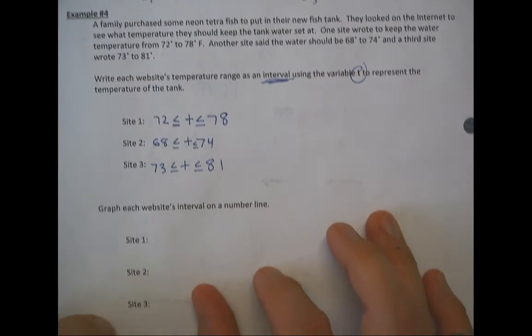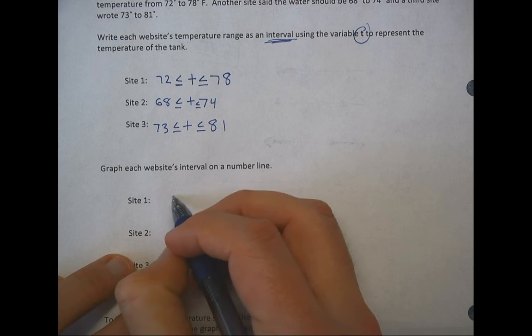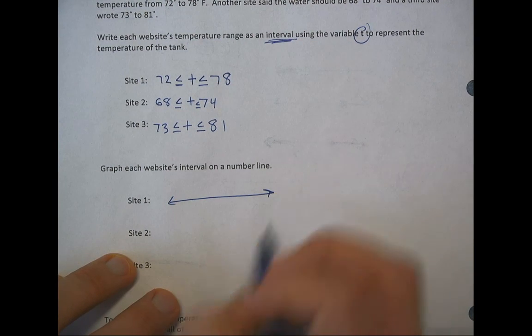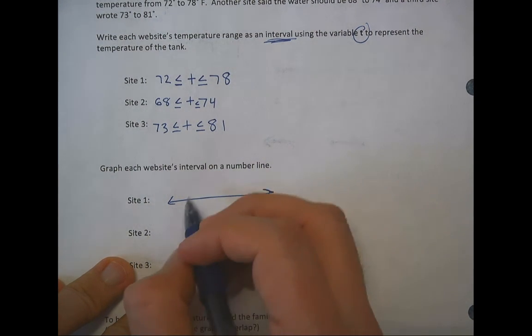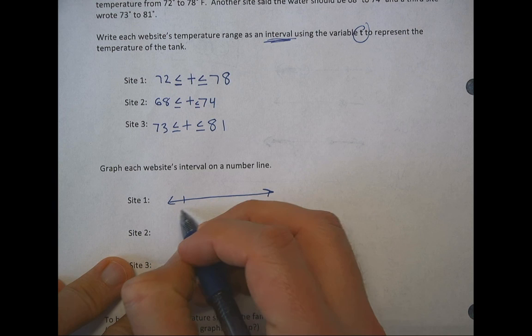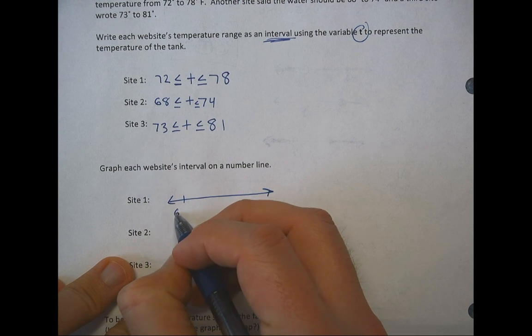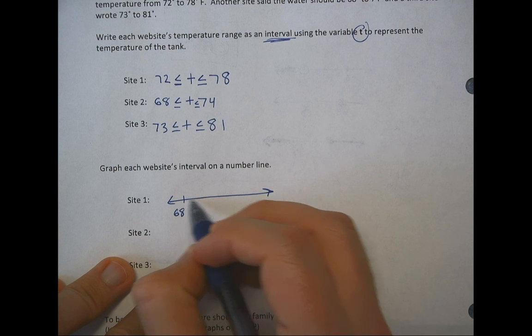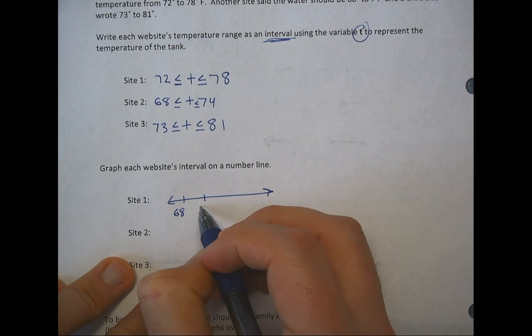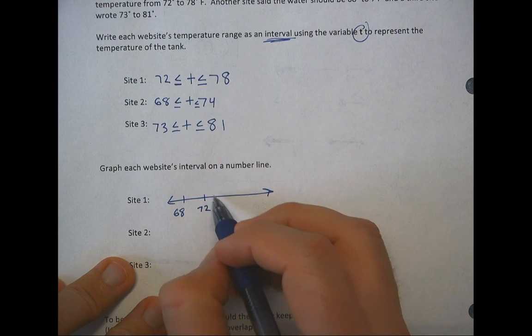So let's graph these real quick. So your first one, let's go ahead and use all these numbers up here. So if this was the smallest number we need, 68, we got to get all the way up to 81. So 72, let's put it right here. We're going to need a 74.